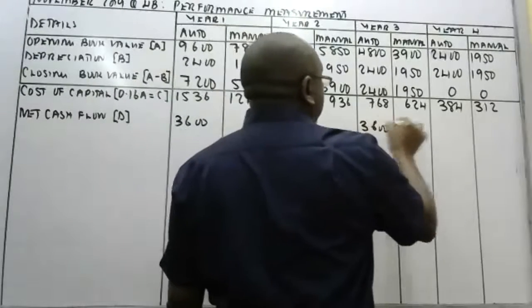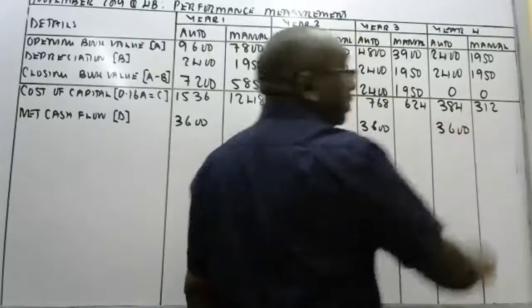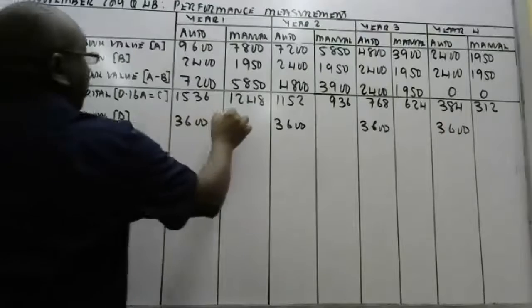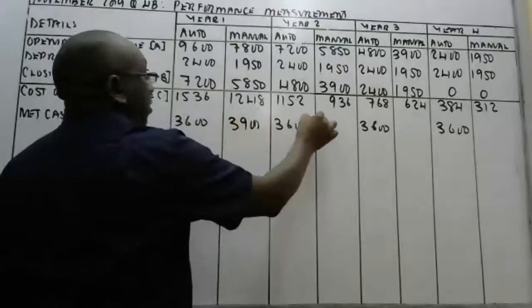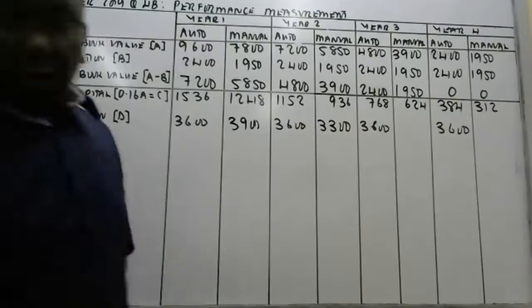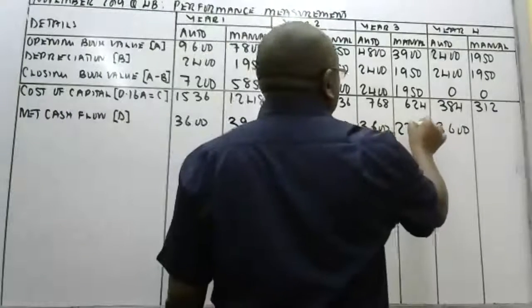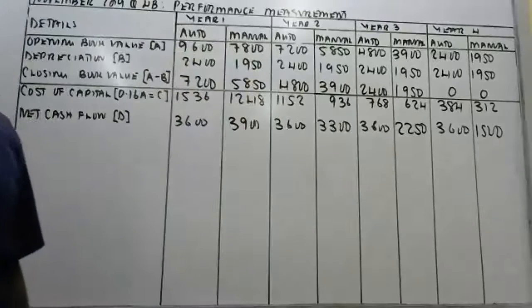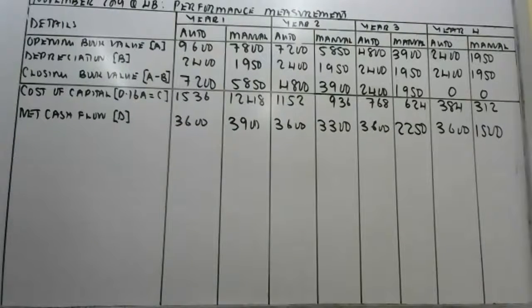The second project, it's on that 900, followed by that 300, followed by 2250 and 1500. So those ones you just copy as they have been provided.